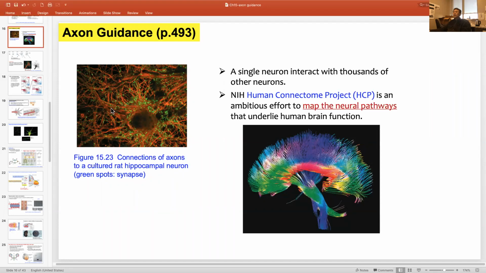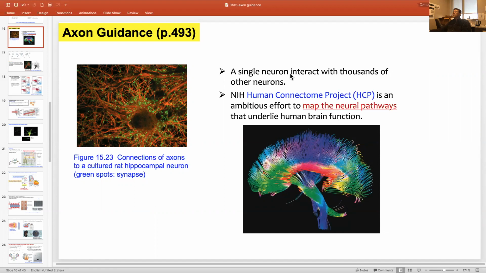This picture shows the synaptic connections of one neuron with nearly thousands of other neurons. Each of these green spots shows a synapse, which is the physical association with other neurons.